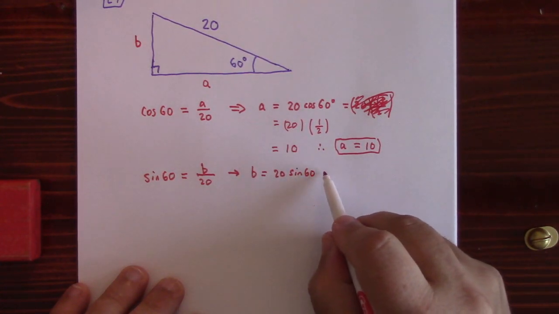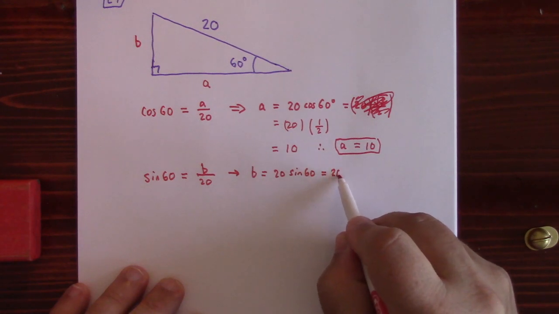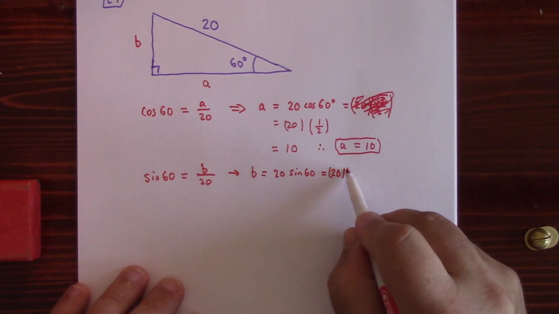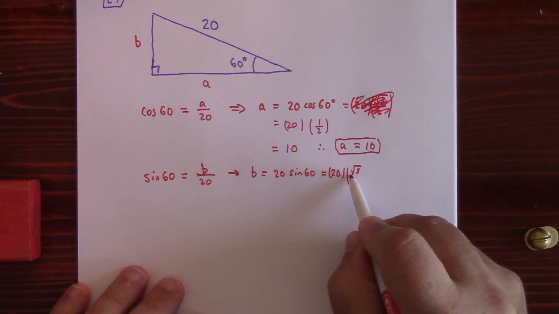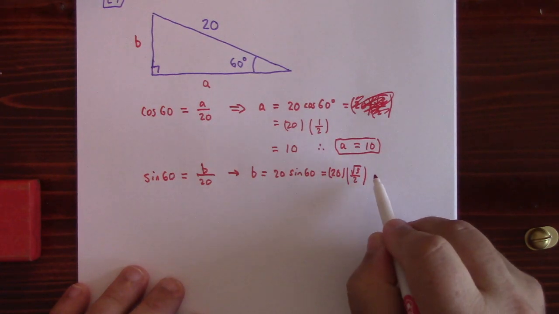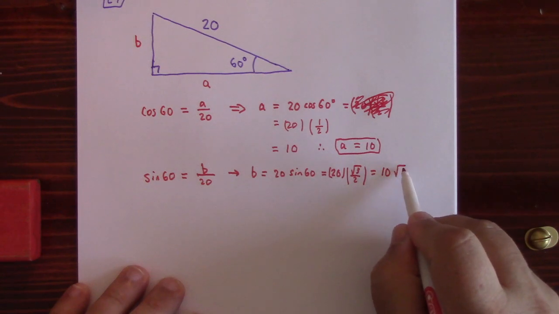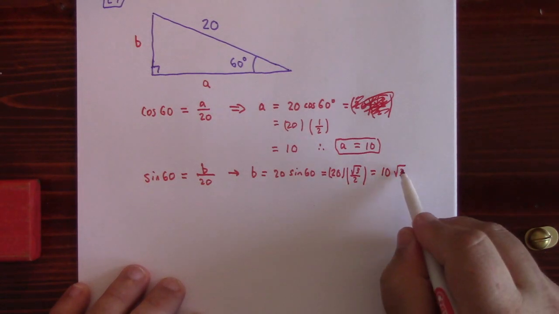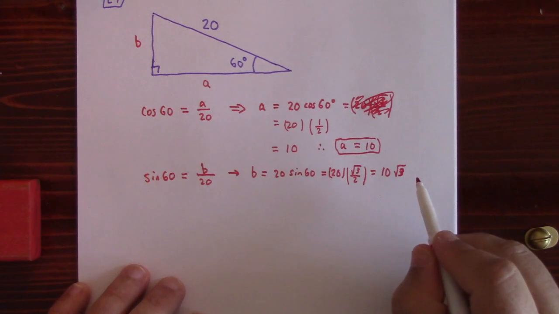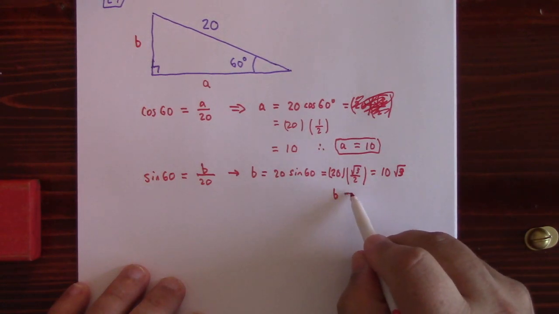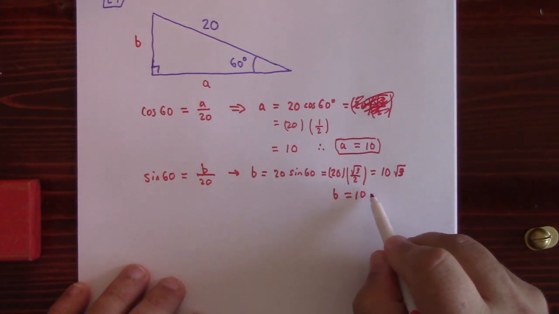And the sine of 60 is, as I was saying a second ago, square root of 3 over 2. So that's 10 root 3. So B is 10 root 3.